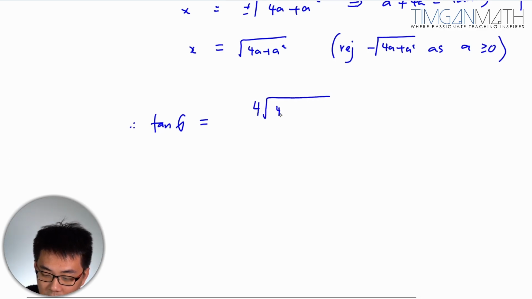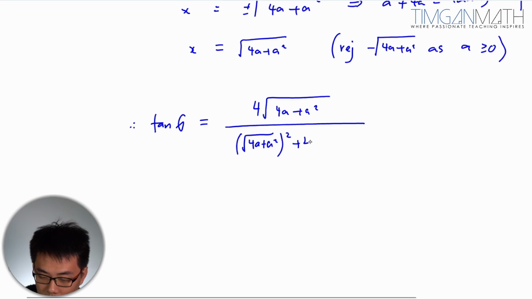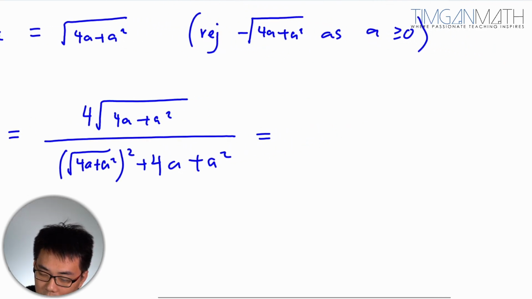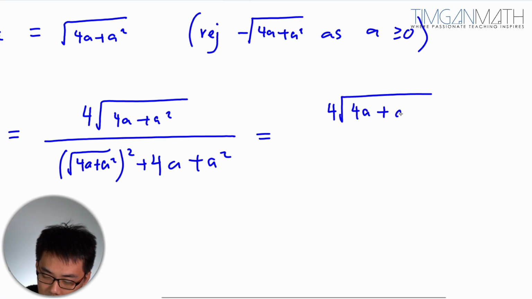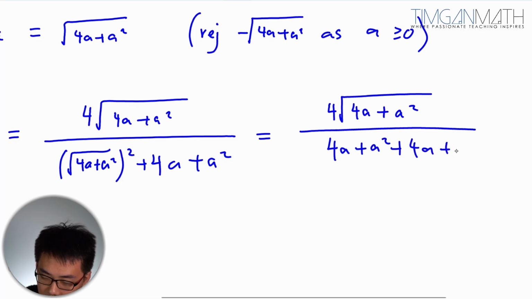So this is 4 times the square root of 4a plus a squared, over 4a plus a squared plus the square root of 4a plus a squared. That will give us 4a plus a squared plus 4a plus a squared.